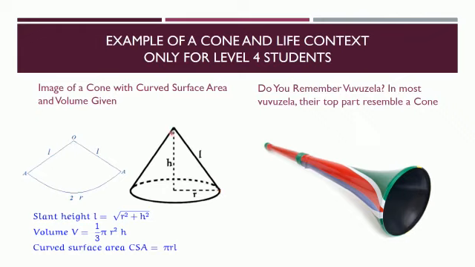The slant height. This line and this line, or this side and this side, is the slant height. And this part or this line is the perpendicular height because it's perpendicular to the radius. So we say it's the perpendicular height.